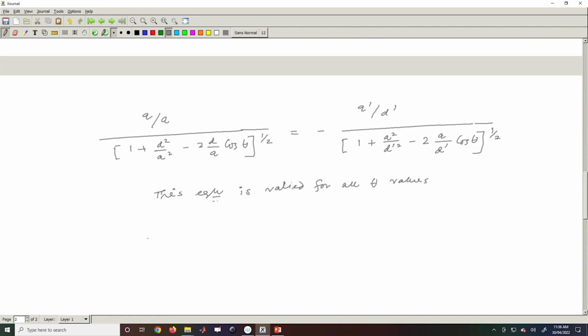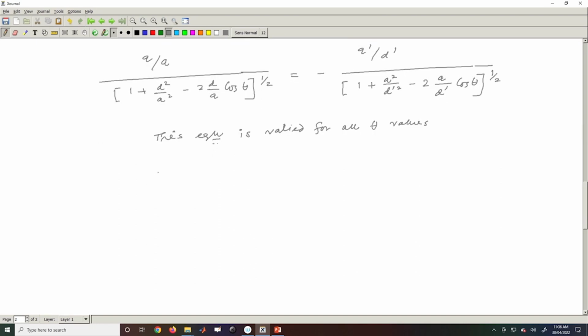If that is the case, then coefficient wise it should be the same. That means Q divided by A can be written as minus Q prime divided by D prime. From that I have an expression for Q prime, the image charge, in terms of the given information, and that is Q A by D prime.